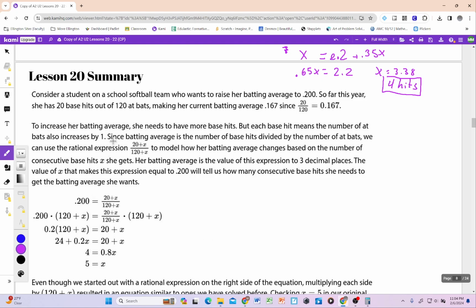Remember, the batting average question, you just stick a plus x onto the fraction to represent the fact that the number of hits and at-bats is increasing. And then we solve. We can multiply by the denominator in this case. And if we've done it right, we get x being 5 for this particular situation, which you can read on your own.